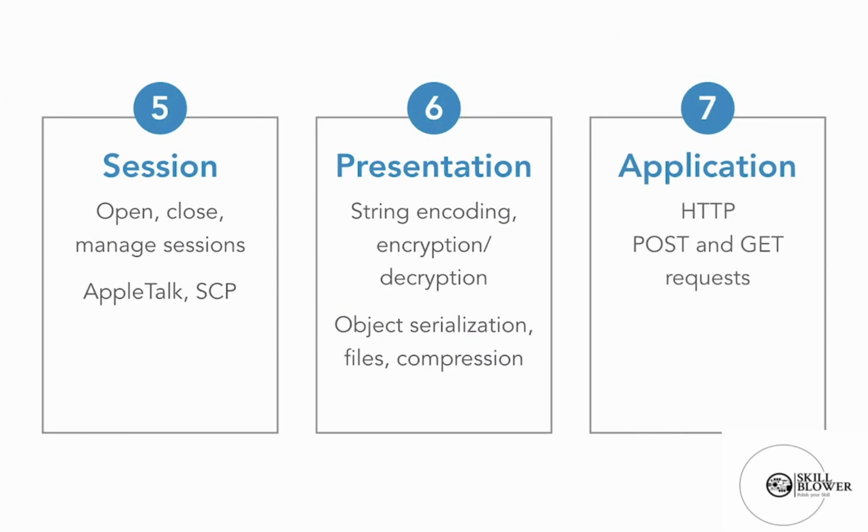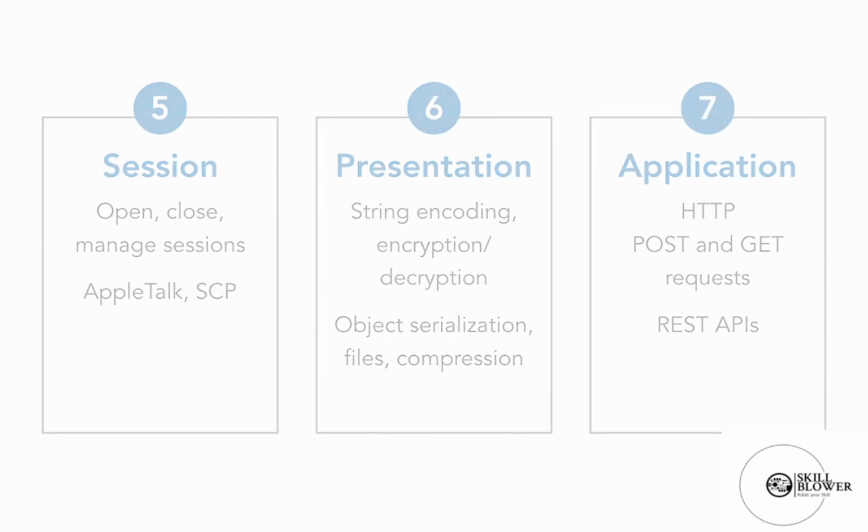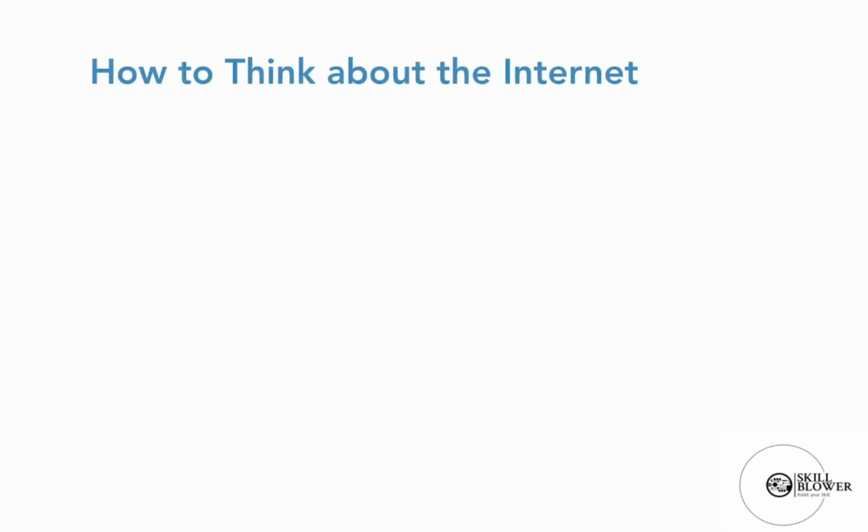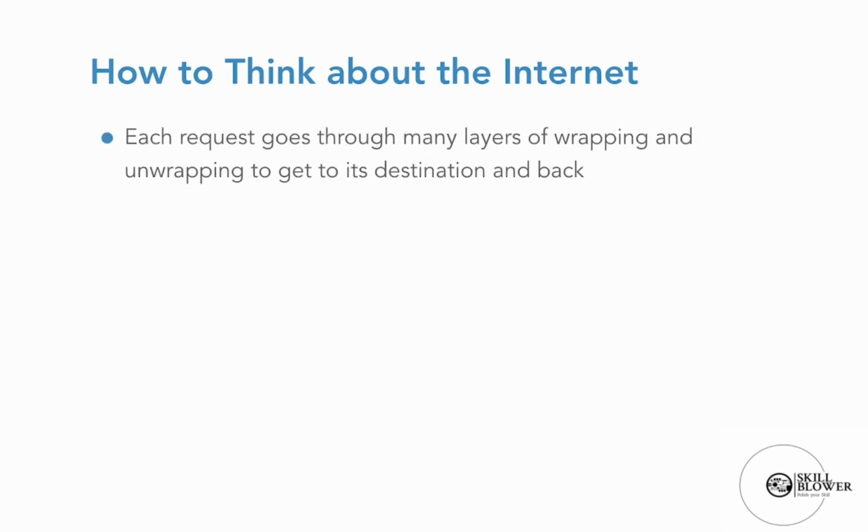So what are the big takeaways from this at the end of the day? How should we think about the internet? Remember that each request you send has to go through many layers of wrapping and unwrapping and addressing and delivery to get to its destination and back. But at no point is a web browser required for this, right? Good news for web scrapers. A web browser is just a piece of software that sends requests and interprets responses, and we can do all of that ourselves with Python.